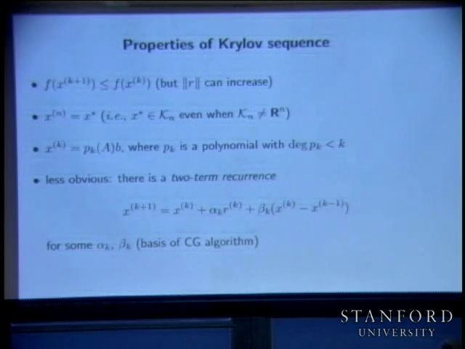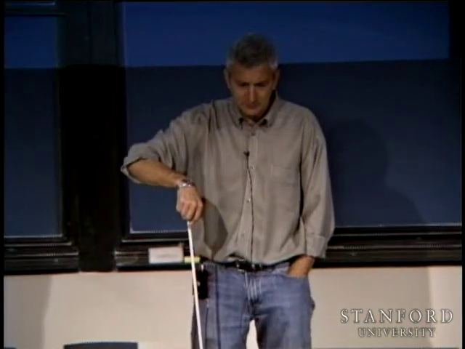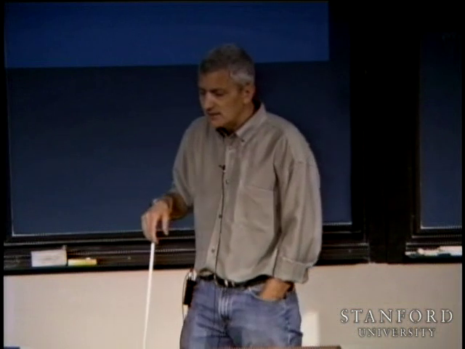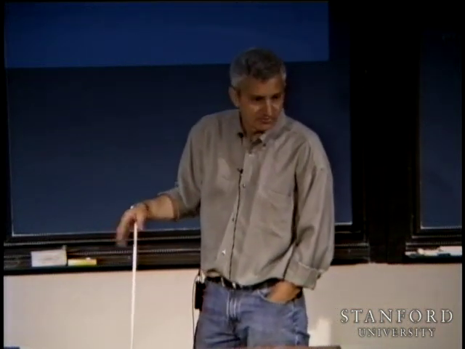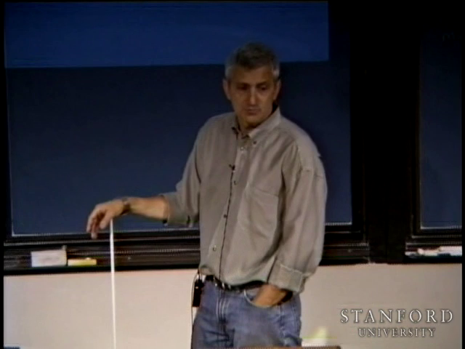Okay? And that's actually the case even when the Krylov subspace does not fill out all of Rn. So it's a fact. That comes from the Cayley-Hamilton theorem that the solution of Ax equals b is in the span of Kn, the Krylov subspace.